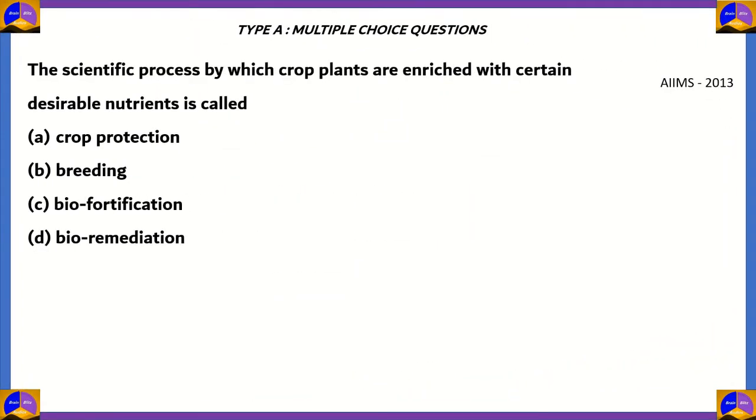Now moving on, the scientific process by which crop plants are enriched with certain desirable nutrients is called as: crop protection, breeding, biofortification, bioremediation. If you look at option A, crop protection, then the name suggests protection of crops from pests. So if you're looking at a definition, protection of crops from pests, that is the correct definition for crop protection.